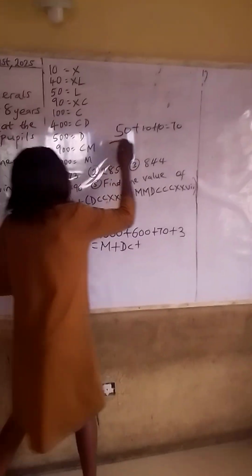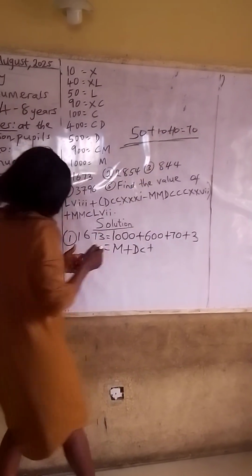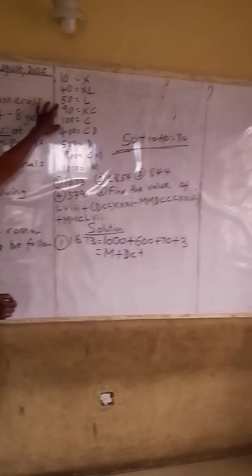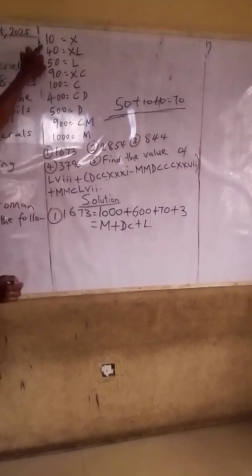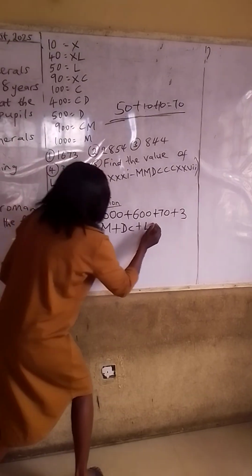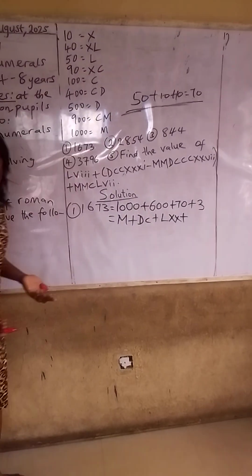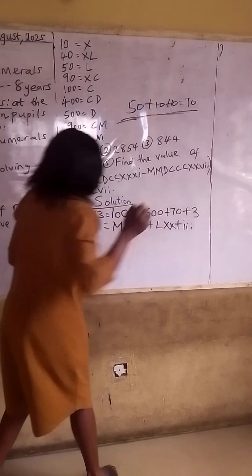The 50 is L. You put your L. Your 10 is X. You put your X and X to give you 70. Plus 3. Everyone knows 3. III is 3.